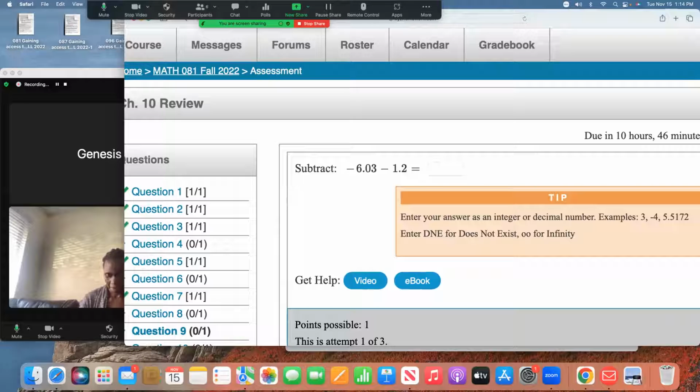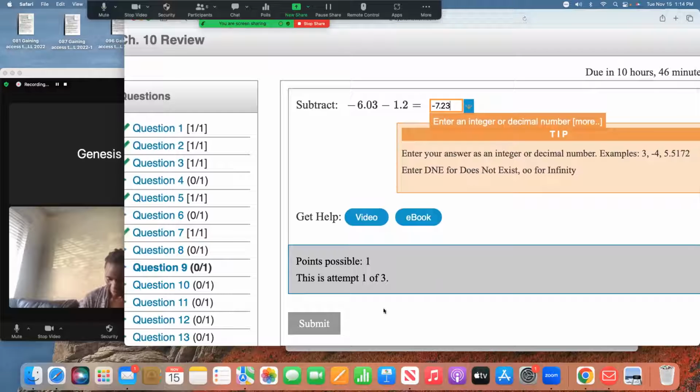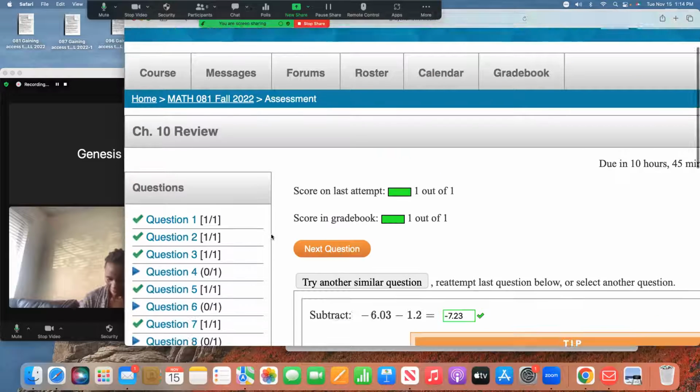The negative 1.2 could be written as negative 1.20, just so that things line up. And so I'm getting negative 7.23. Now, at any point in time, if you want to see this on paper, let me know. So all I did was add those two numbers.